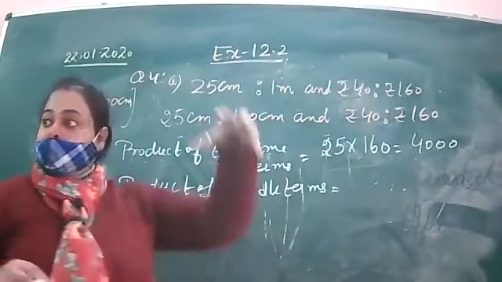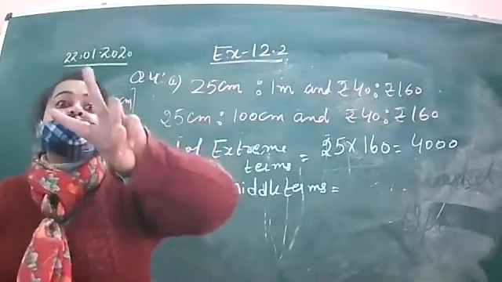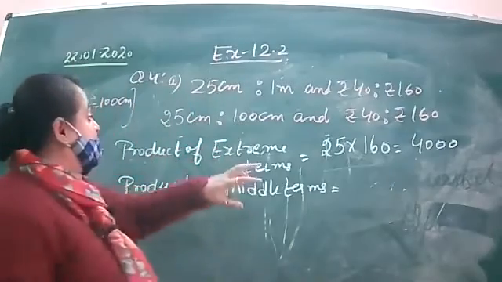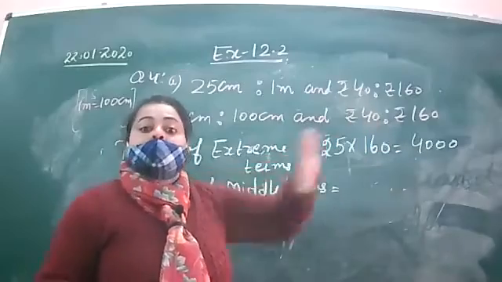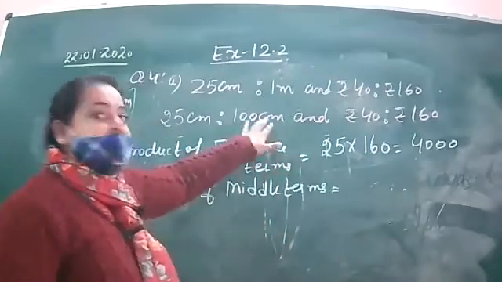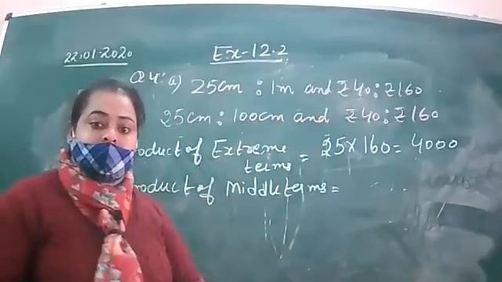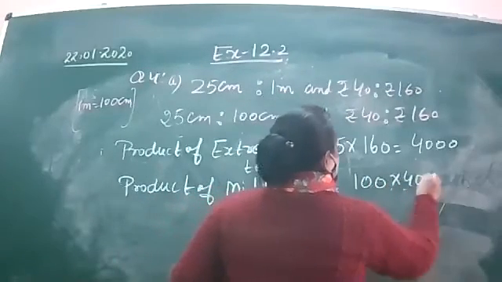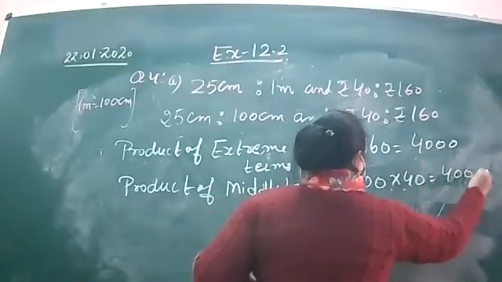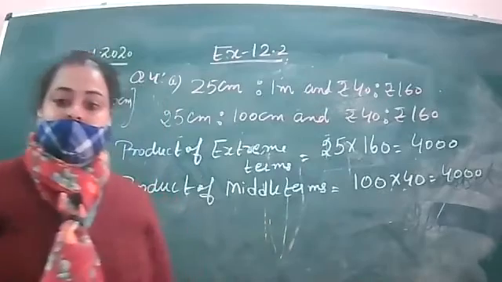Now middle means जो बीच में है. Which two terms are middle? 100 and 40. So no need to write 100 centimeter, only write 100. So this is 100 multiplied by 40. Again you will get 4,000. Fine.